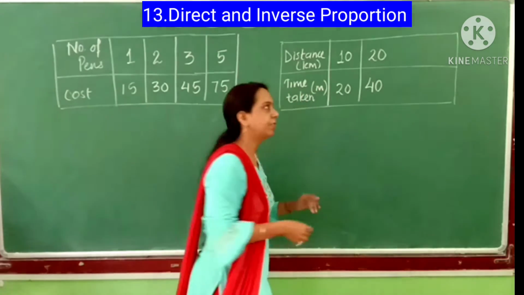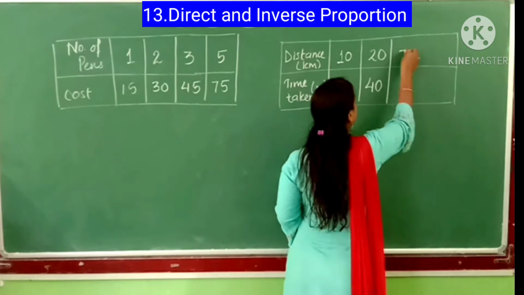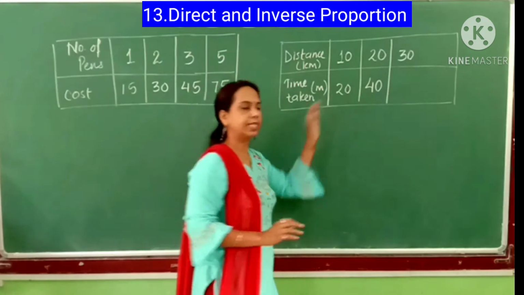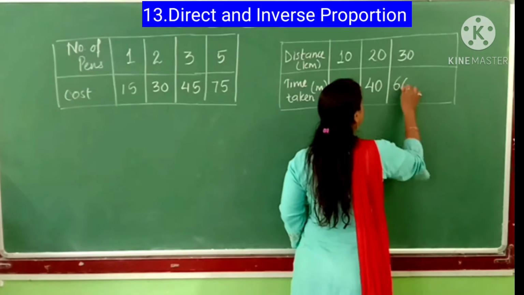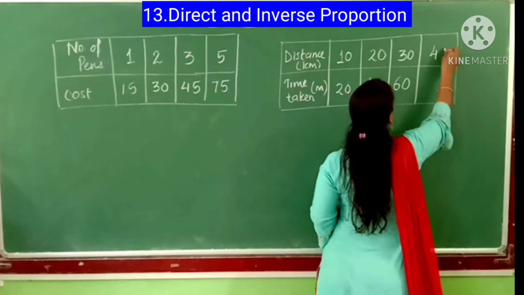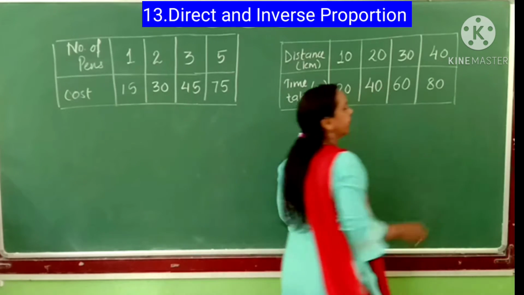Next, if it is going for 30 km, if the speed is the same, for 30 kilometers it will take 60 minutes. For 40 kilometers, it will take 80 minutes.